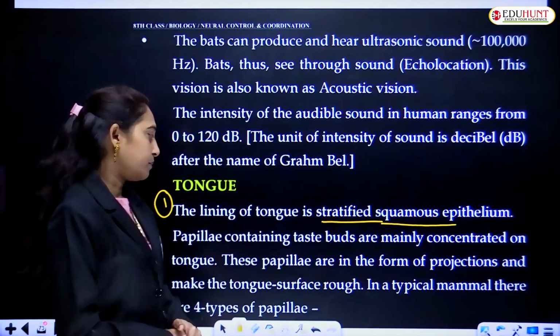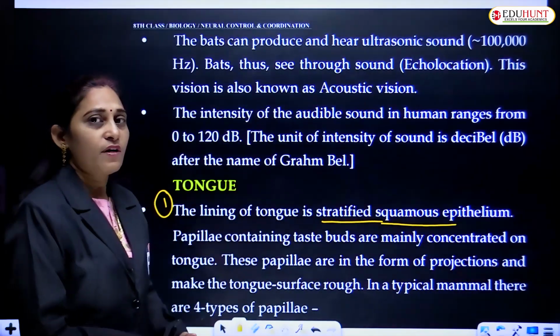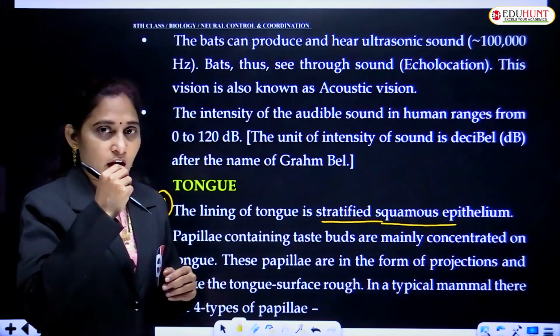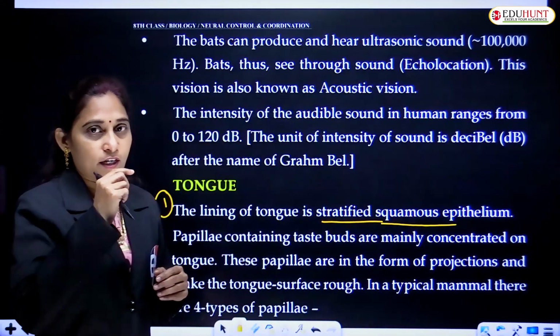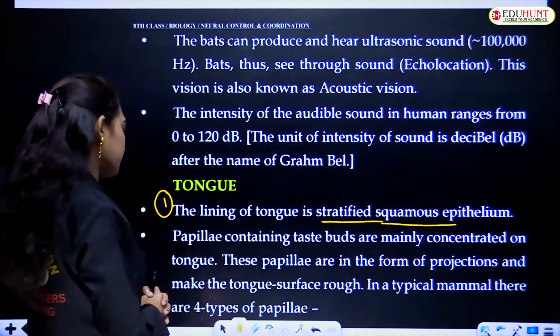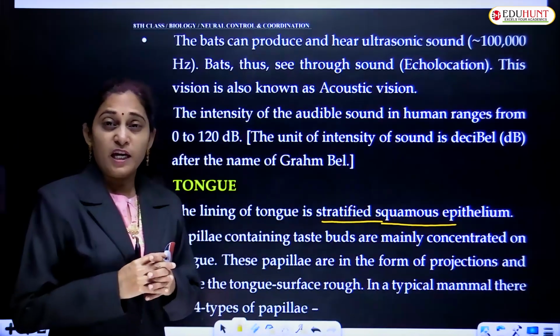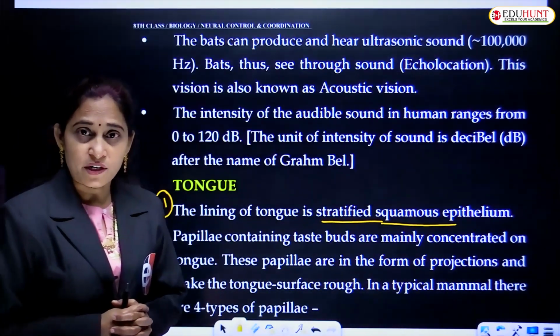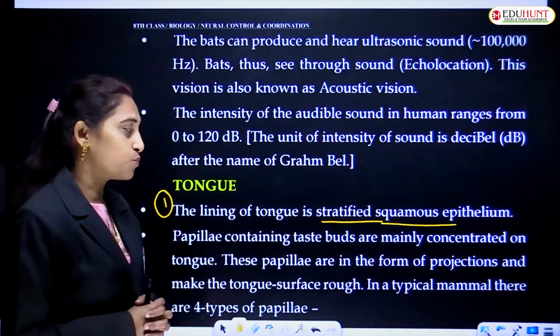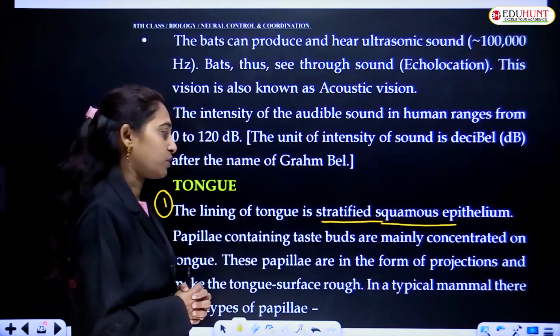These papillae are not flat, they protrude out from the tongue, and they make the surface of the tongue rough. Otherwise, our tongue would be smooth.